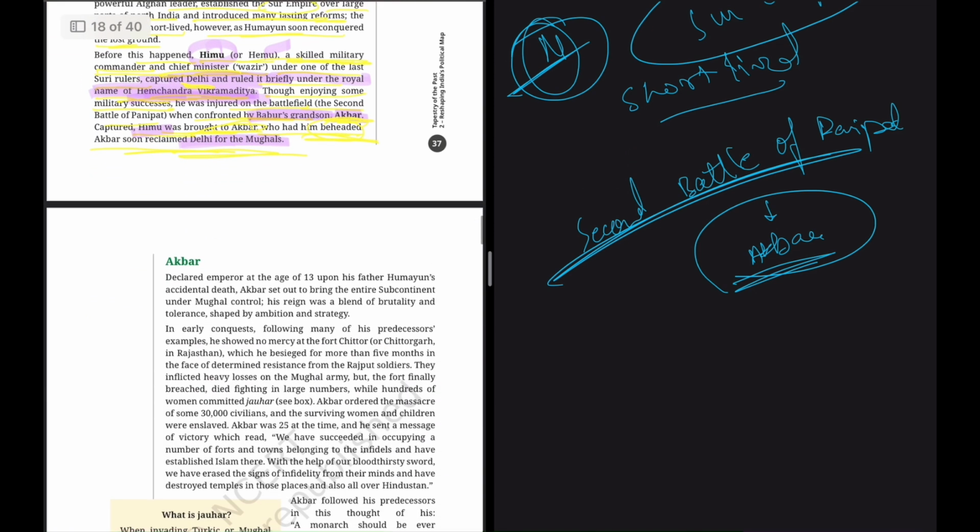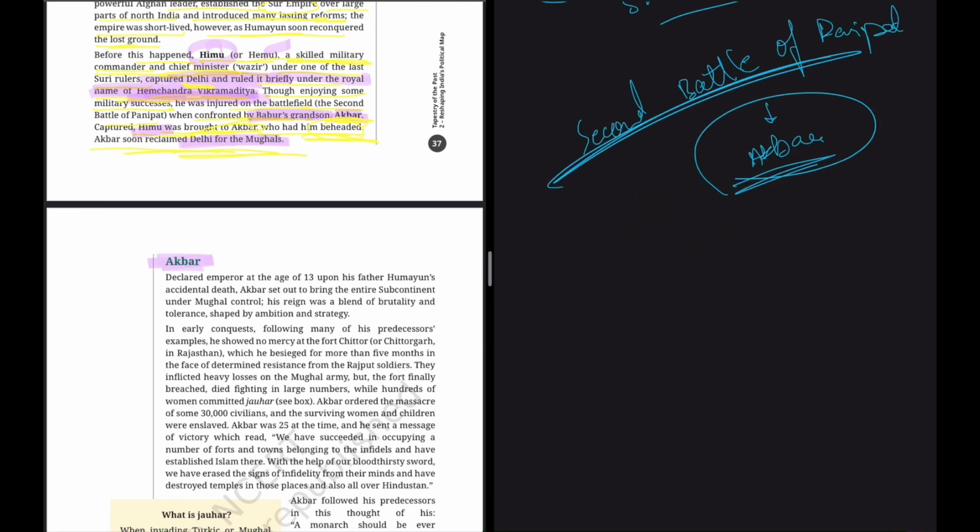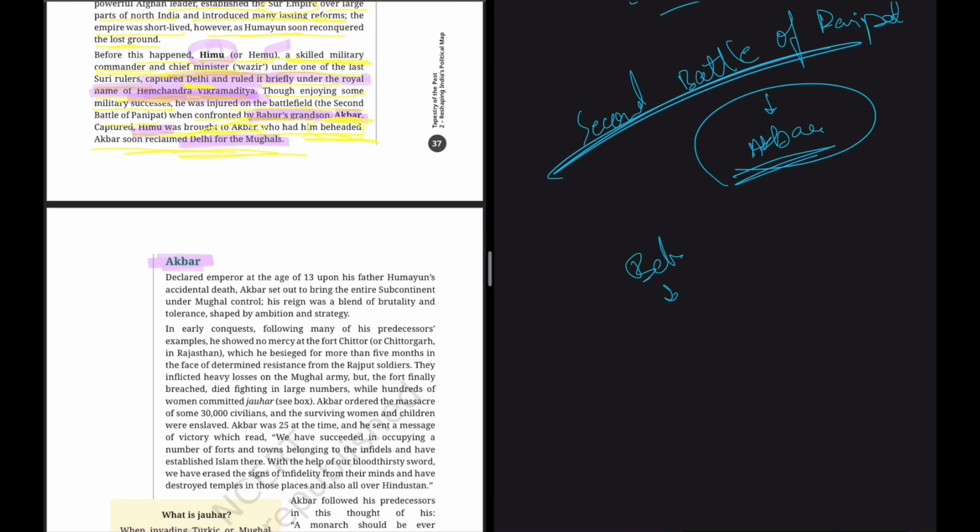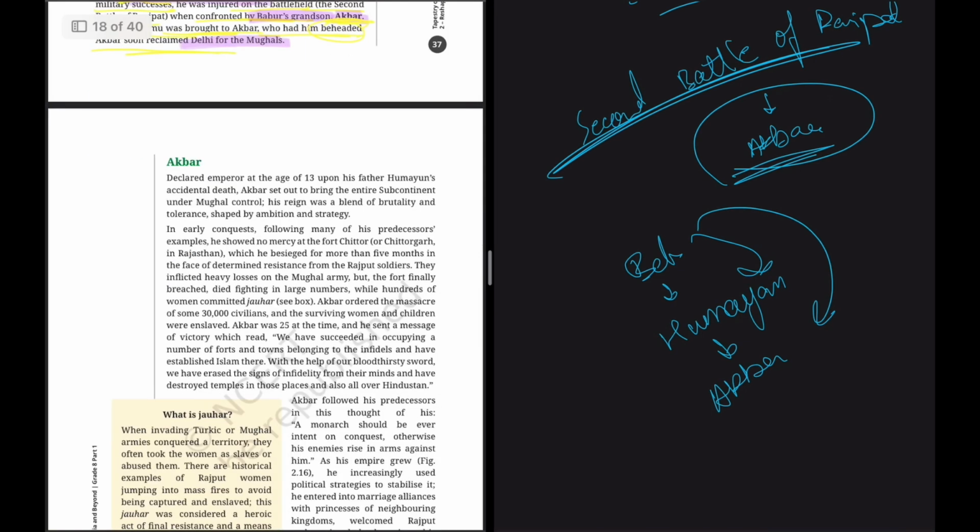Now comes Akbar's empire. The first Mughal leader was Babur, and the next was Humayun, who struggled a bit to take control of his father's land. After Humayun came Akbar, Babur's grandson. Akbar was declared emperor at the age of 13 upon his father Humayun's accidental death.